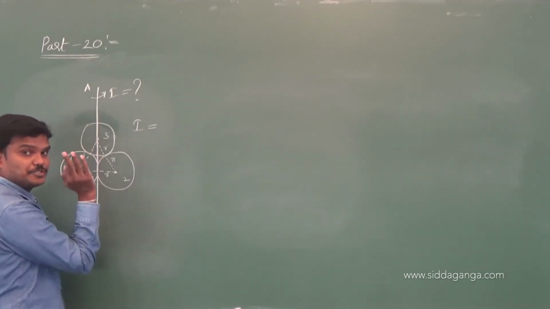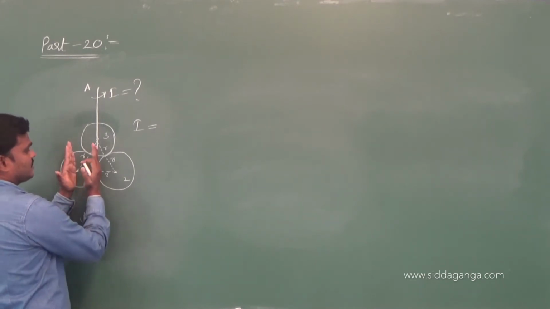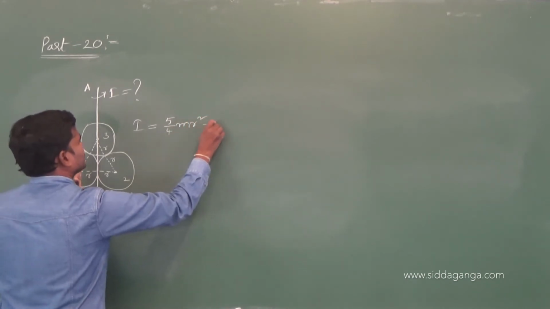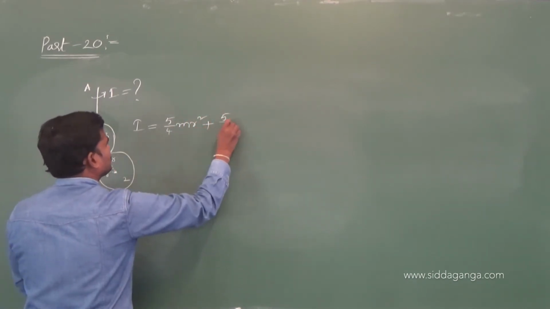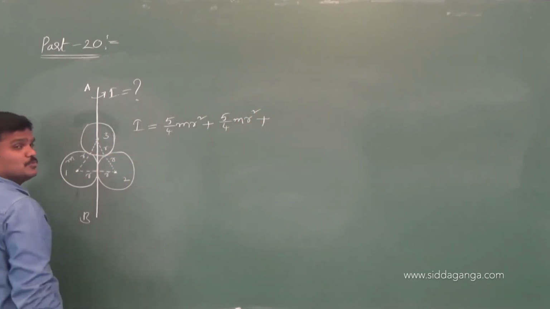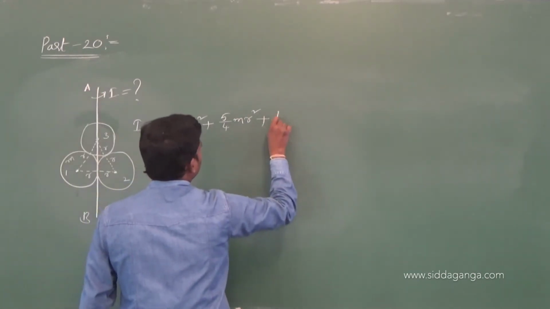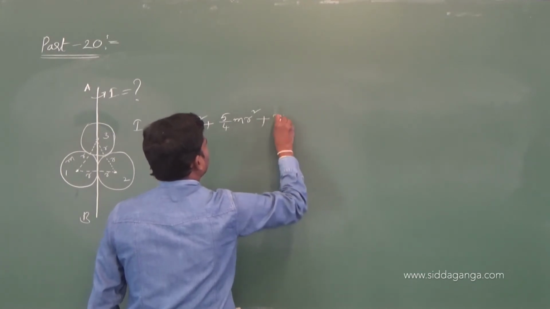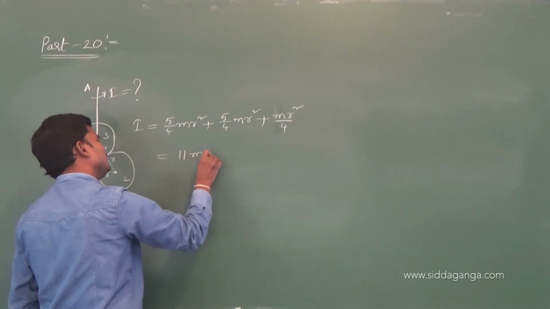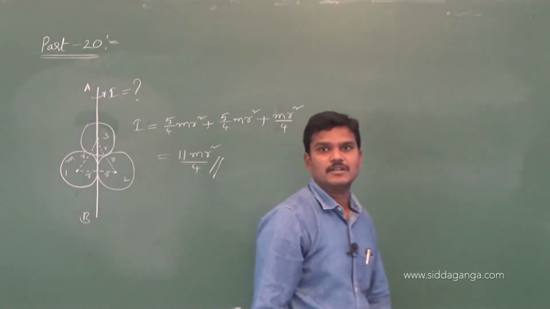About this axis it is mr square by 4 plus mr square, which is 5 by 4 mr square. About the second one also the same, 5 by 4 mr square. And the third one is about a diameter, which is mr square by 4.